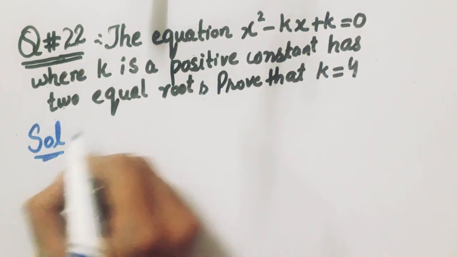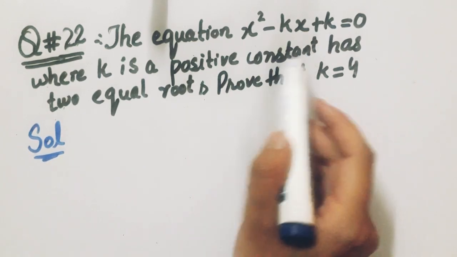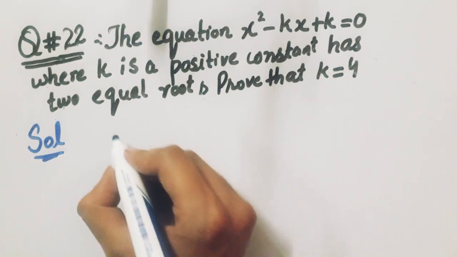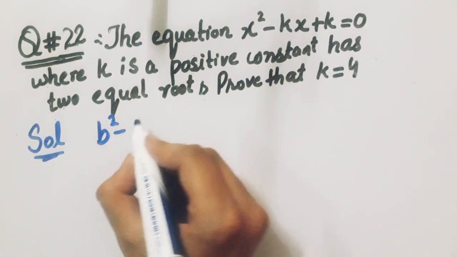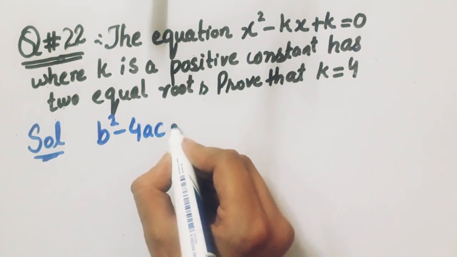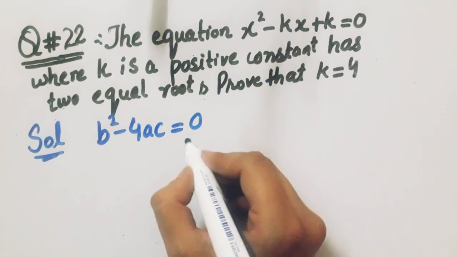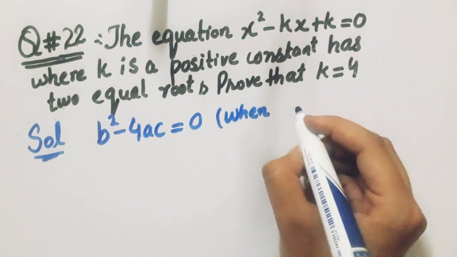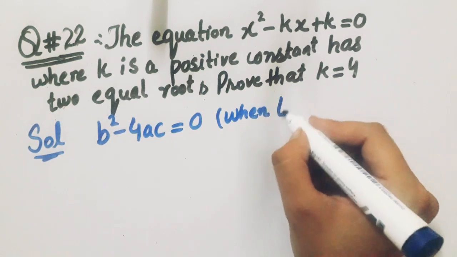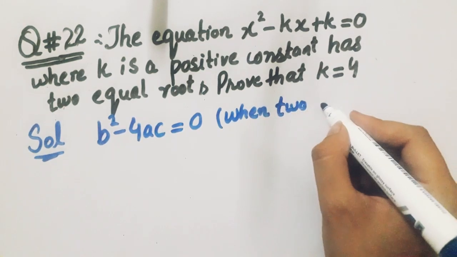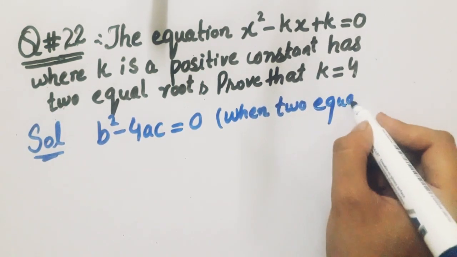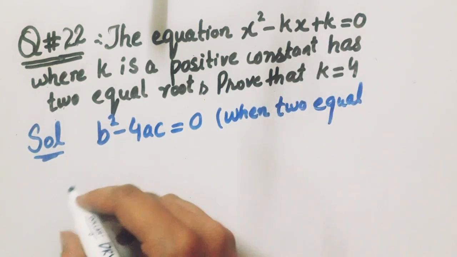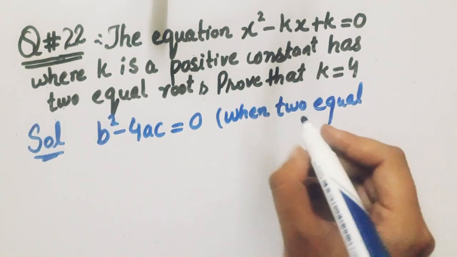First of all, given that it has two equal roots, it means that b square minus 4ac will be equal to 0. If a quadratic equation has two equal roots, then b square minus 4ac is equal to 0.